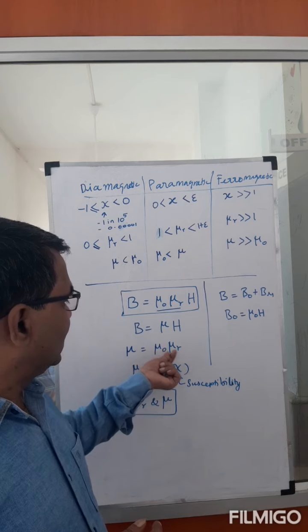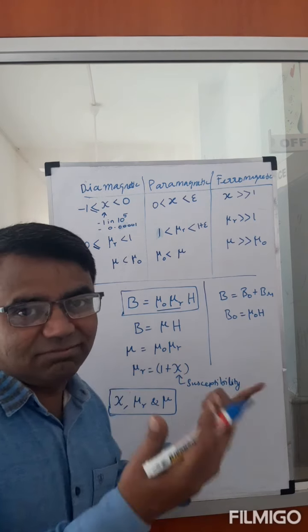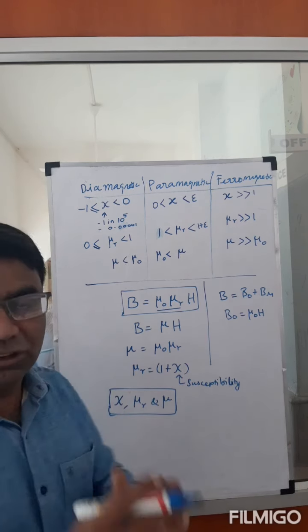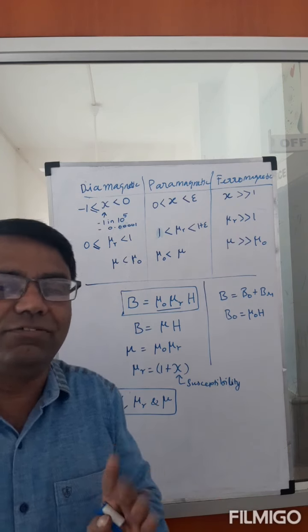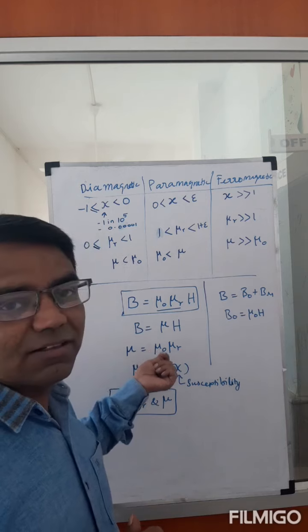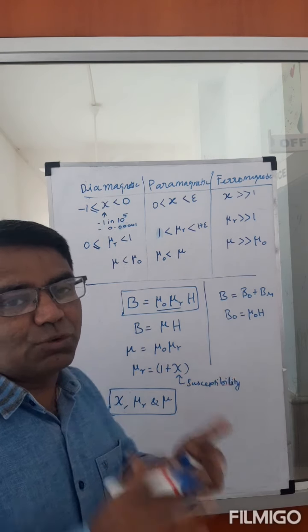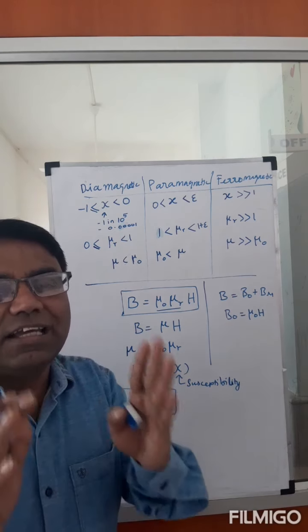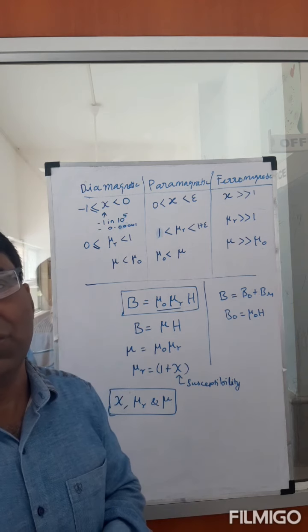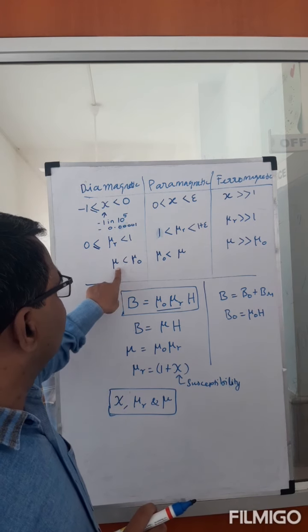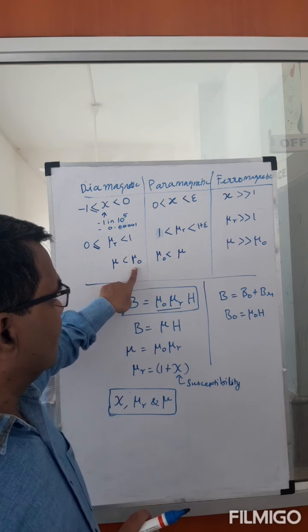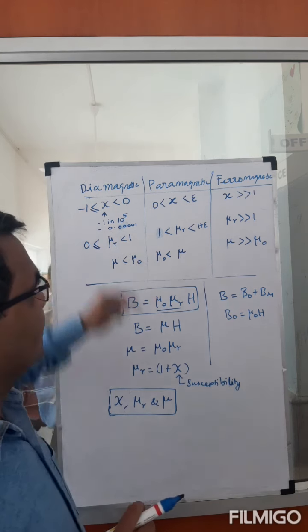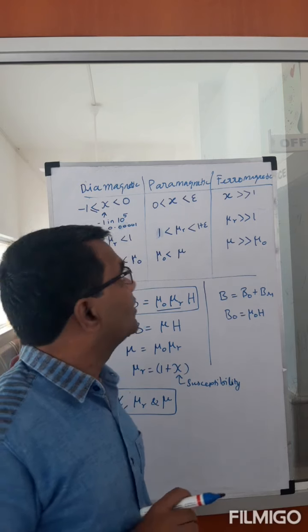It is going to be 0.99 mu naught, or 0.95 mu naught. Mu naught is 1 mu naught, but 0.99 mu naught is less than 1 mu naught. So you say that mu is less than mu naught for diamagnetic materials.